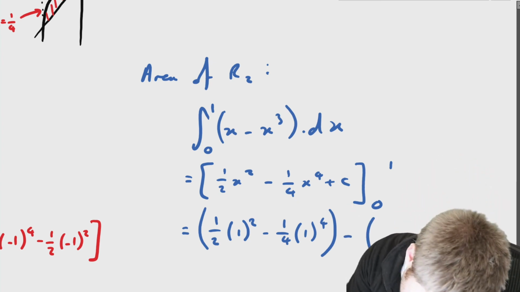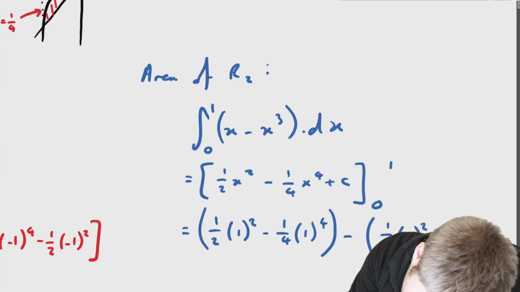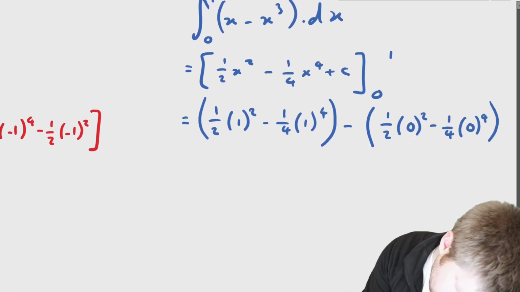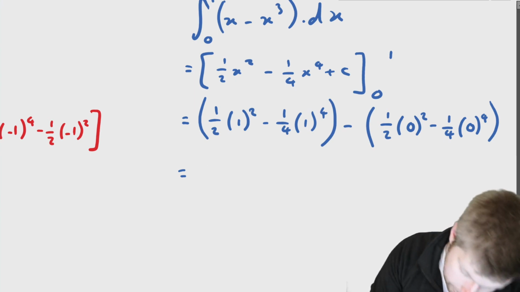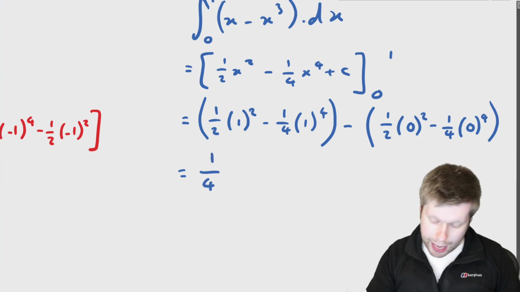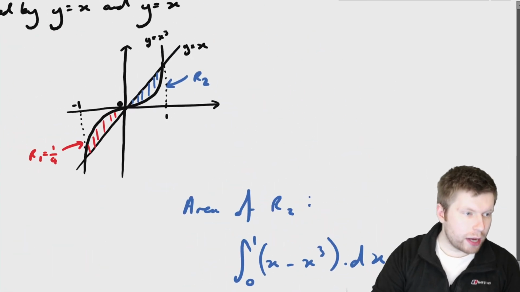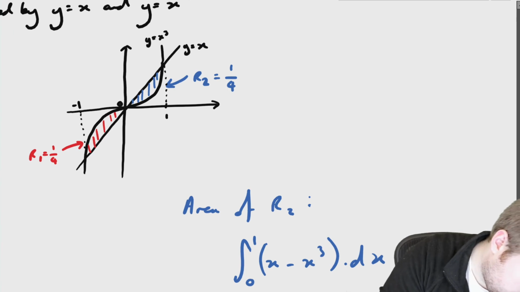And I take away what I get when I stick 0 in: 1/2 of 0 squared minus 1/4 of 0 to the power 4. If I stick all of that into my calculator, I get 1/4 back. So I was just a little bit clever to make sure they were all positive by doing my top curve take away my bottom curve, and they're both equal to 1/4. Fantastic.